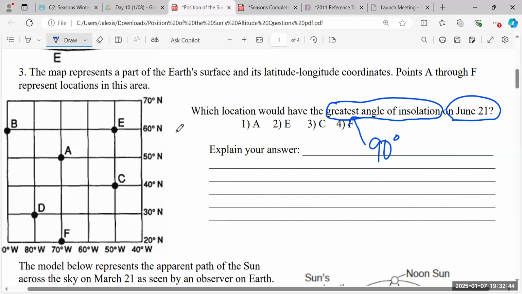So I have to ask myself, what latitude receives 90-degree sun rays on June 21st? June 21st is the same as the summer solstice. So I need to find which latitude during the summer solstice is going to have the highest angle of insolation.